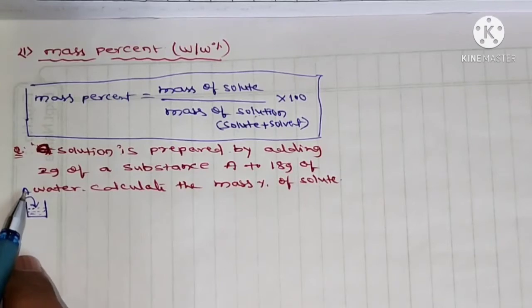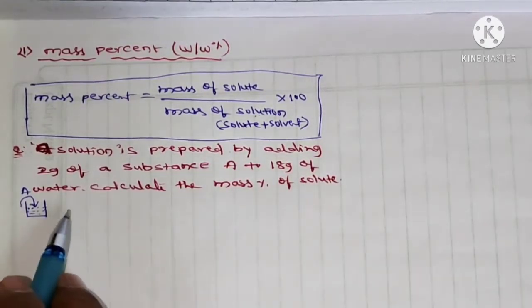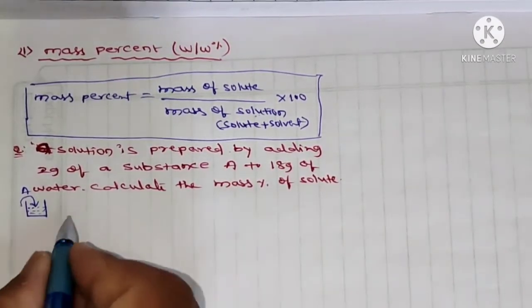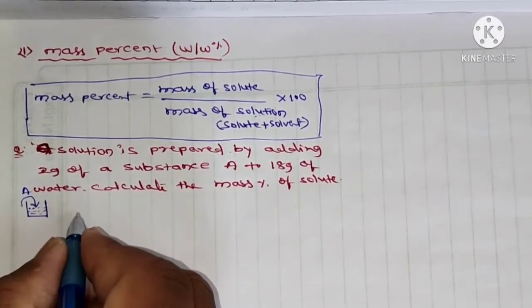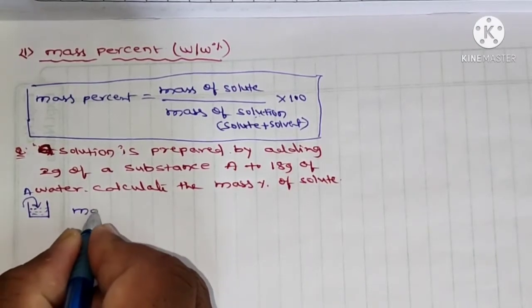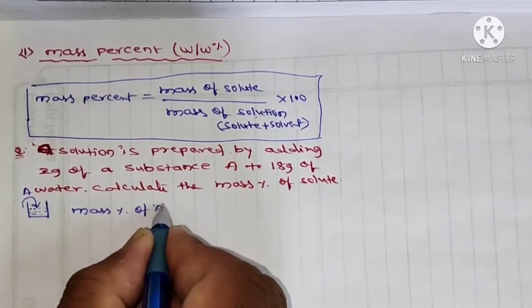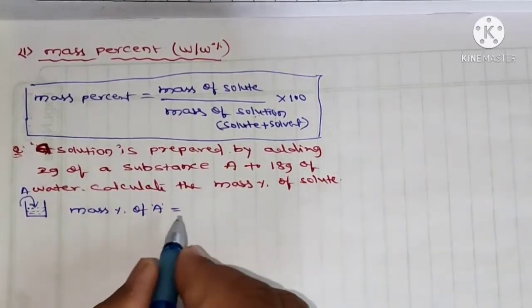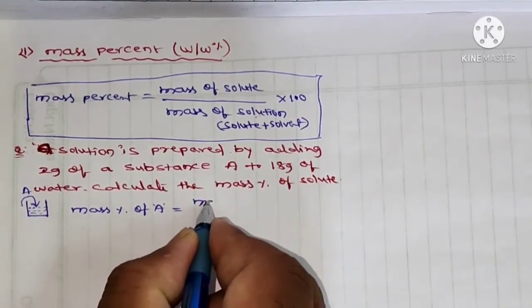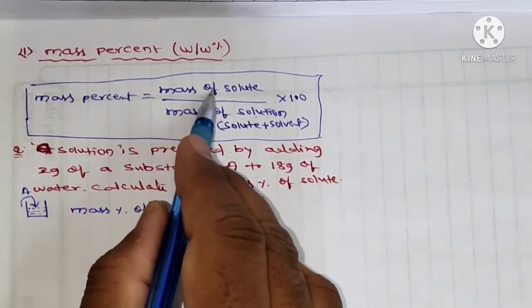We have to calculate the mass percent of A. The formula: mass percent of A is equal to mass of A, and mass of A means mass of solute.